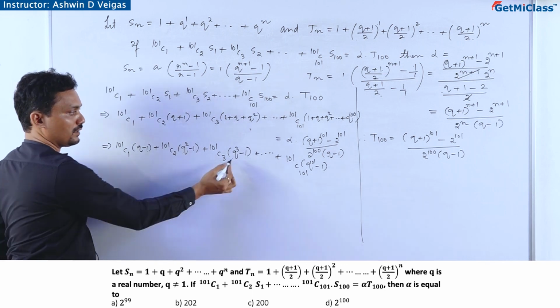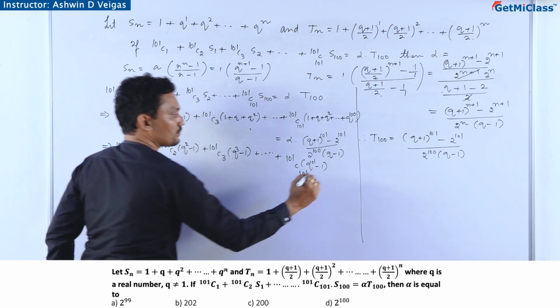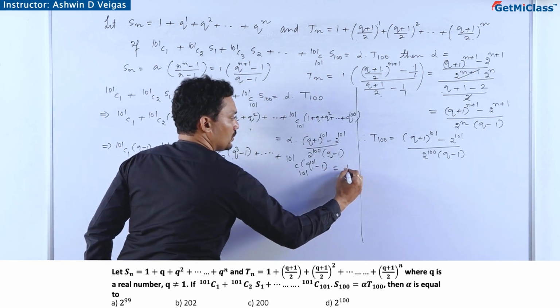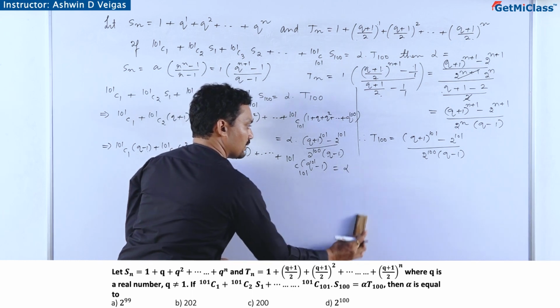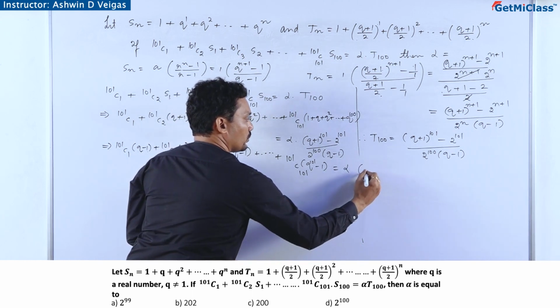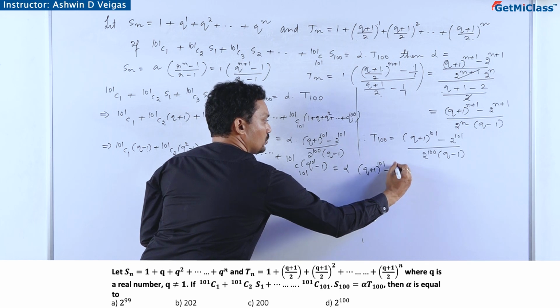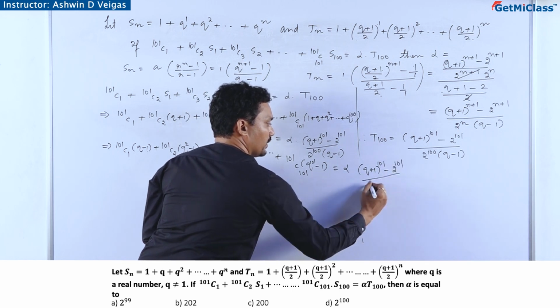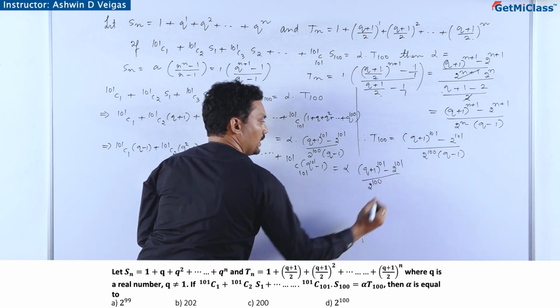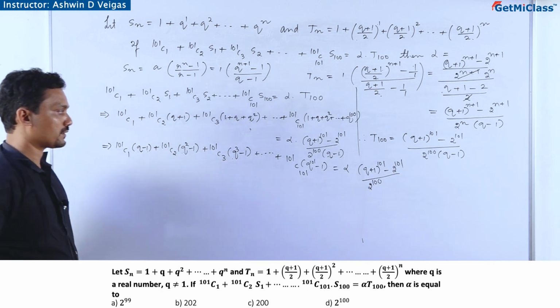So, same idea, equal to alpha into q plus 1 power 101 minus 2 power 101 divided by 2 power 100. This is what you get.